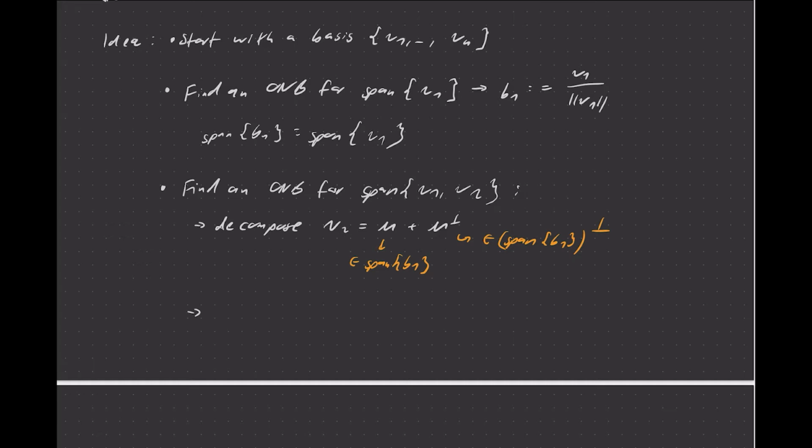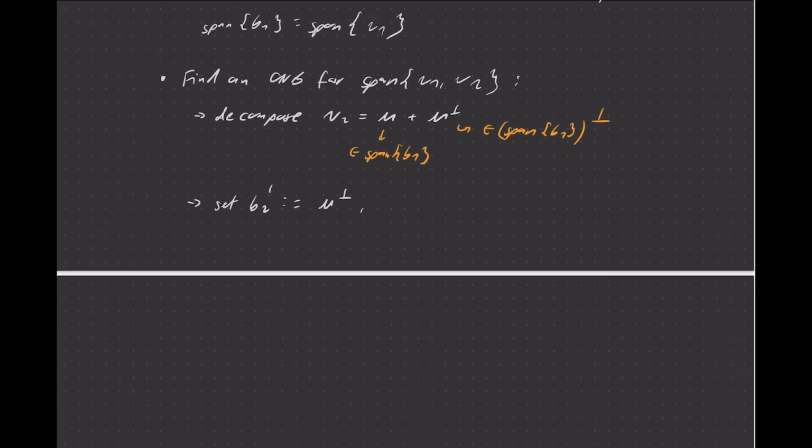And then we just keep this orthogonal part. So we set our vector B2 prime equal to U ortho. And then we normalize that to get B2. Now if we did that, we have made sure that the span of B1 and B2 is equal to the span of V1 and V2.